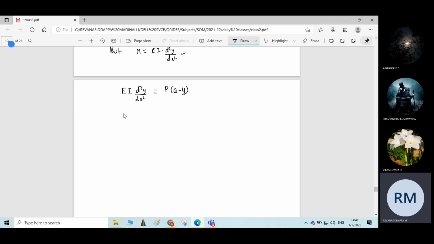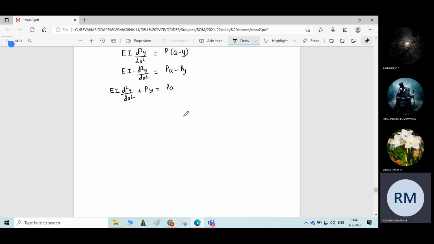So in the next step, you need to segregate the y terms on one side. EI into d square y by dx square is equal to, you split this equation, Pa minus Py. Py you take to the LHS, it becomes plus Py, equal to Pa. Again divide by EI on both sides.